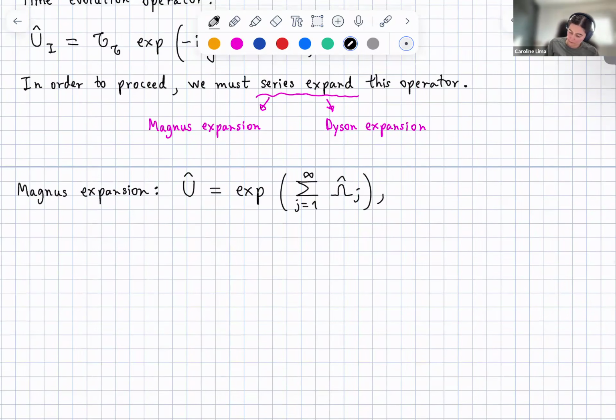Where this omega 1, maybe let me write it to the left because some expressions are long, is going to be given by minus i times the integral over the whole space of the tau of h I of tau.